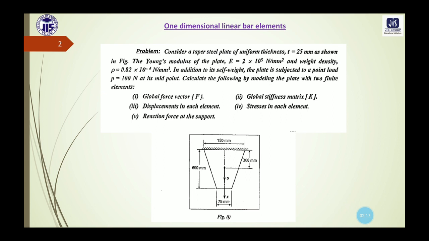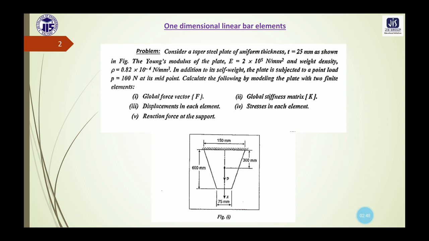The Young's modulus of this plate is given as 2 into 10 to the power 5 Newton per millimeter square, and weight density is given as 0.82 into 10 to the power minus 4 Newton per millimeter cube. Now, in addition to its self weight, the plate is subjected to a point load of 100 Newton at its midpoint.